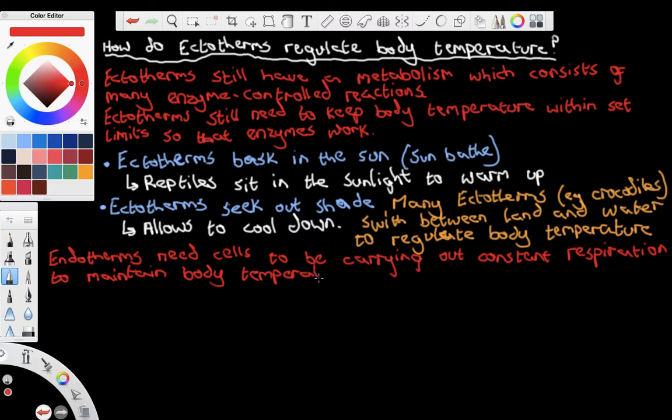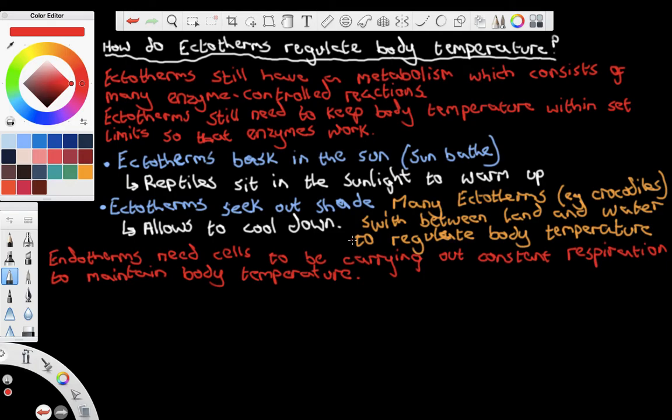Okay? So your cells, as you sit here, are trying to keep your body at 37 degrees Celsius. Your hypothalamus, apologies, is trying to keep your body temperature at 37 degrees Celsius. Therefore, it needs your cells constantly doing respiration to keep your body temperature above that of what the environment is.